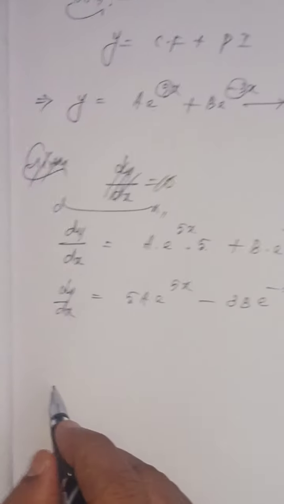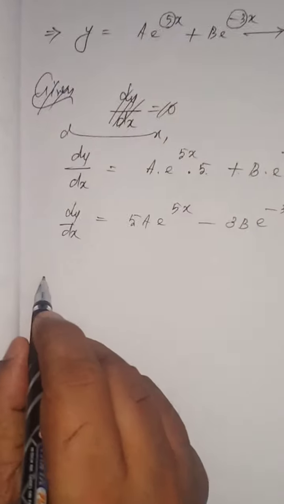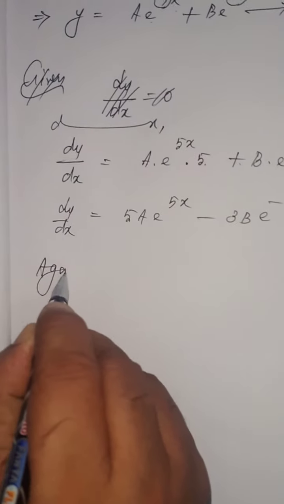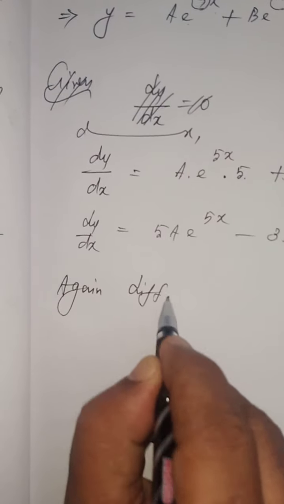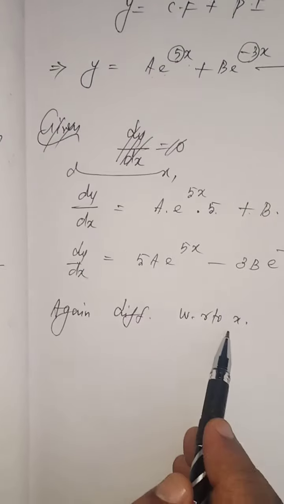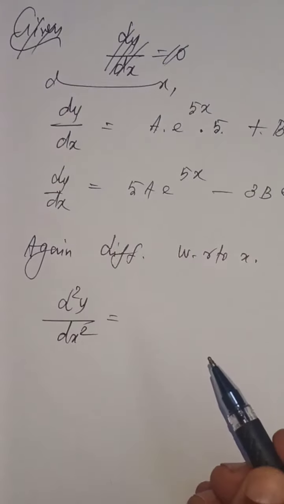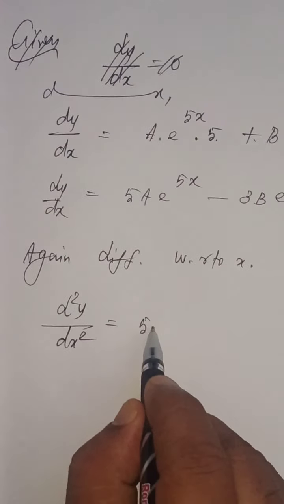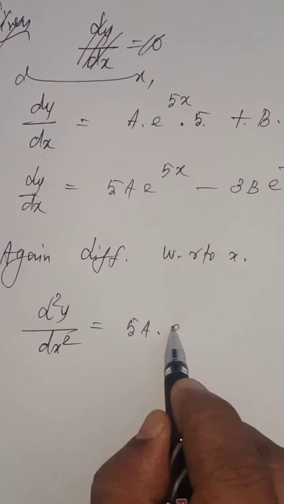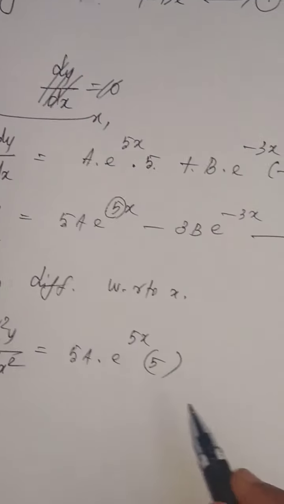Let it be number 2. Now I am going to differentiate again because you are given d squared y by dx squared. So again differentiate with respect to x. The differentiation of dy by dx with respect to x is d squared y by dx squared equals 5a as it is, because the constant is multiplied with the function. e power 5x differentiation is e power 5x into the coefficient of x, 5.